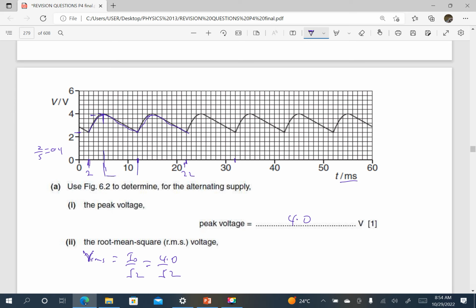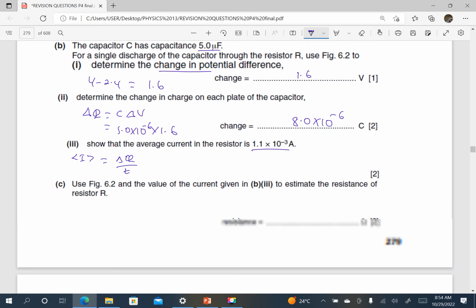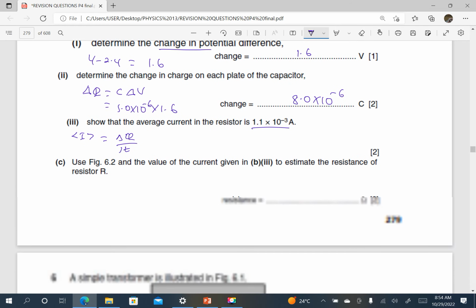It starts from 1, 2, 3, 4, from 5 to 12. That is 12 minus 5, that is 7. So discharge time is 7 milliseconds. That's when the charge changes. So this will be the change in time, which is 7.